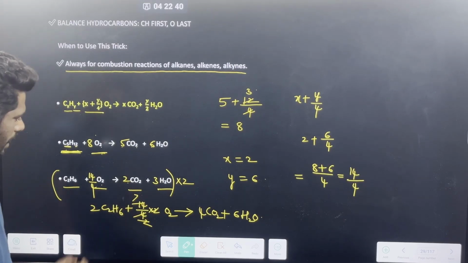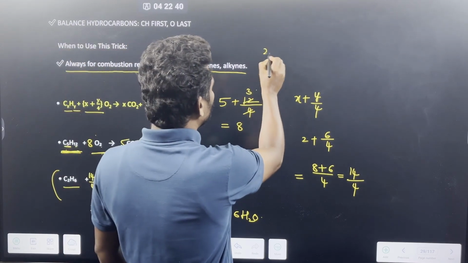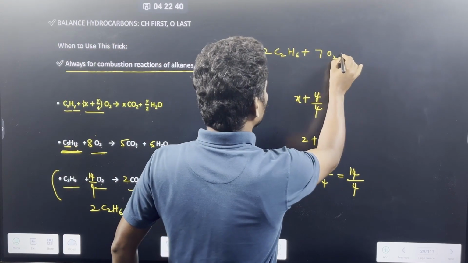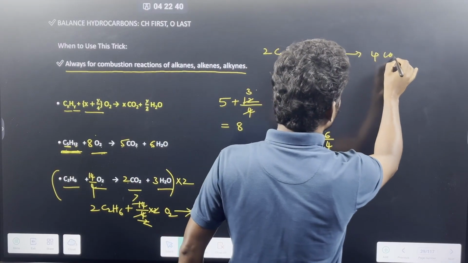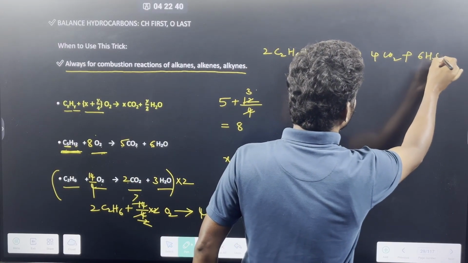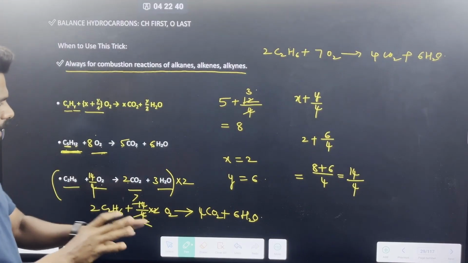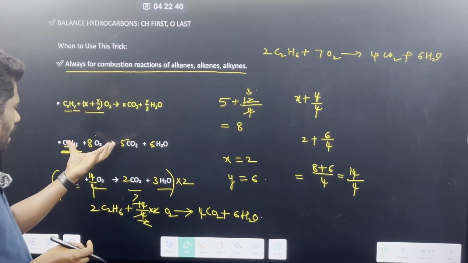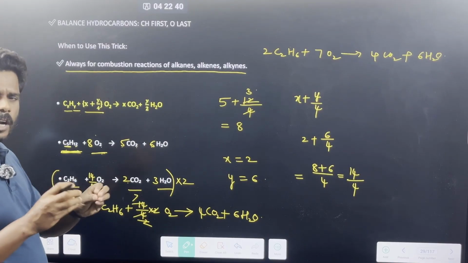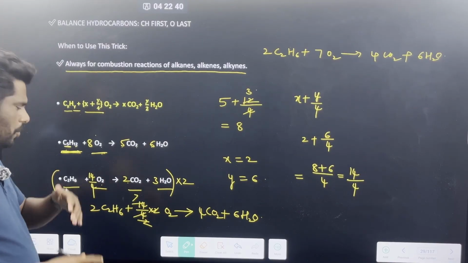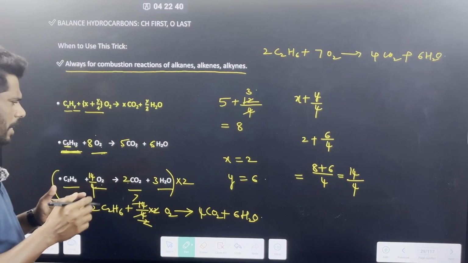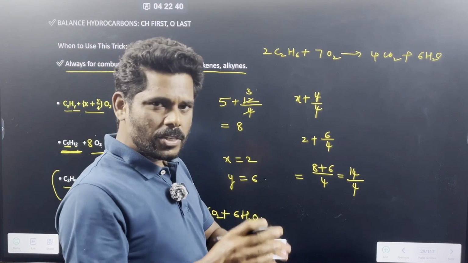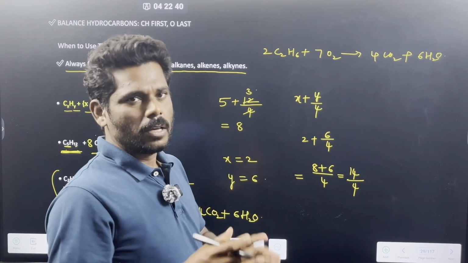So the finally balanced equation will become 2C2H6 plus 7O2 gives rise to 4CO2 plus 6H2O. So this is a method we can simply apply. That means whenever using the formula, if any coefficient is not a normal number, if you get a fraction, then automatically multiply the whole equation with a certain number by which you can get the simplest possible ratio.